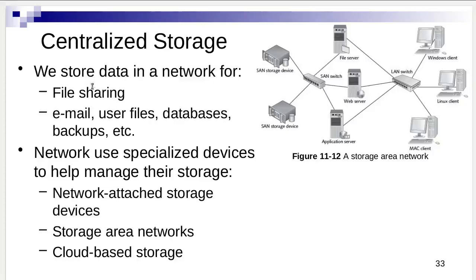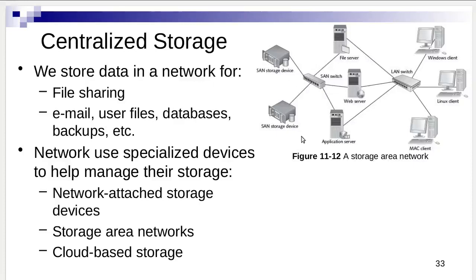So we store data in a network for sharing files, for doing things like email, for keeping track of user files, for applications, for databases that you share with other people in an organization, for things like backup. And so networks can tend to use very specialized devices for things like backups, for storage area network devices, which is basically a way to store things, and it's just connected through a storage area network to the actual servers.